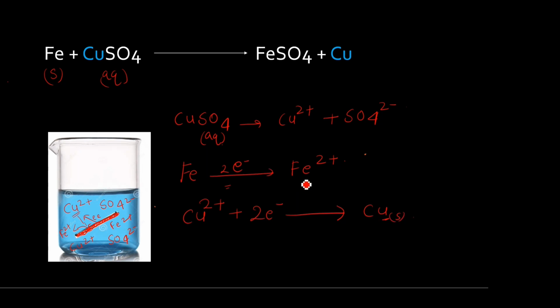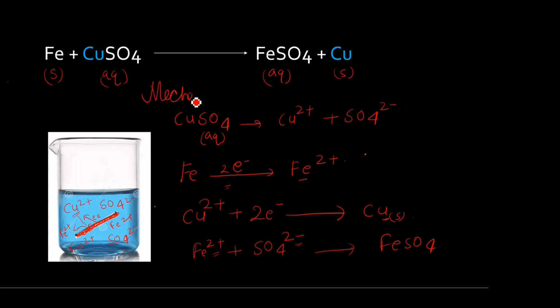Then these iron ions which are going into the solution will attach with sulfate ions. The positive ions will attach with negative ions and they form iron sulfate aqueous solution. So this is the mechanism of the reaction which is happening in this solution when the iron nail is dipped in the copper sulfate solution.